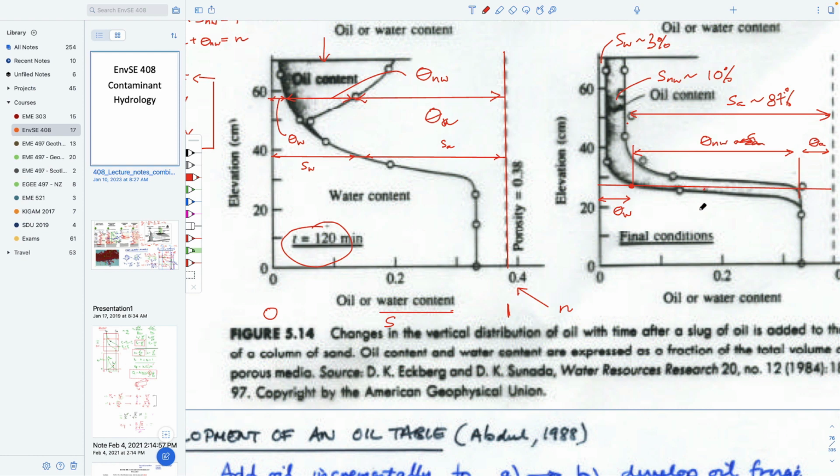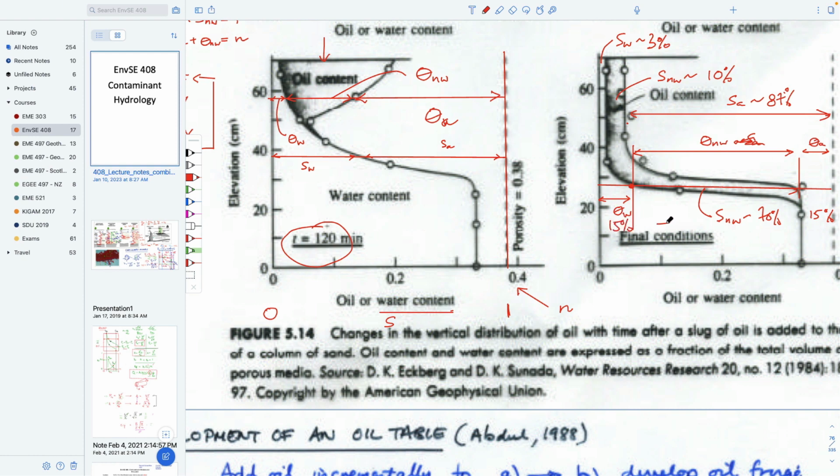Once you get below this, you have this pool of almost 100% NAPL, not really 100%, but what is it? This saturation is 60%, probably 70%. This one here is 15%, and this is less than 15%, but they have to add up.